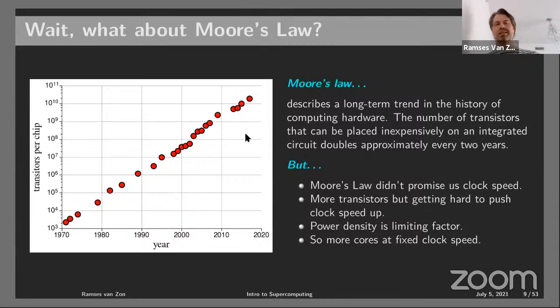But it's not something that says that the computers have to be faster. It just means there are more transistors, which can also mean just more cores, as I just explained. So Moore's law so far holds. Even that will eventually come to an end, and the signs are there. What we have at the end of the day in supercomputers is more cores at a fixed clock speed.